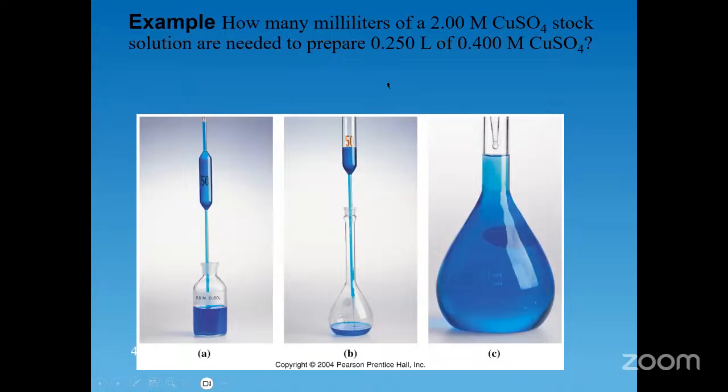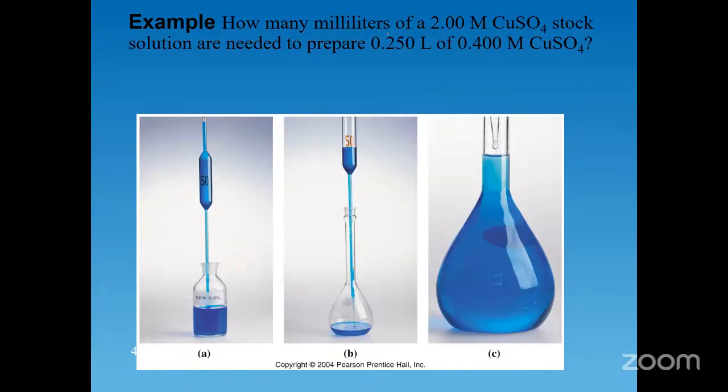Okay, and this is going to be the very last thing we're going to talk about here. So here is basically how this is done in practice. This question is asking how many milliliters of 2.00 M copper(II) sulfate stock solution are needed to prepare 0.250 liters of a 0.400 M CuSO4 solution, right?